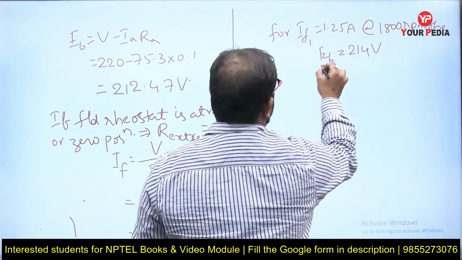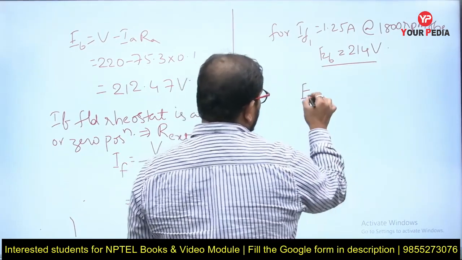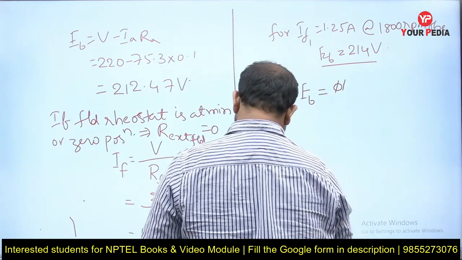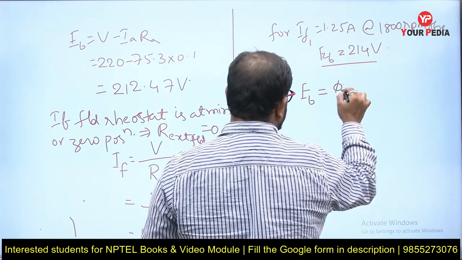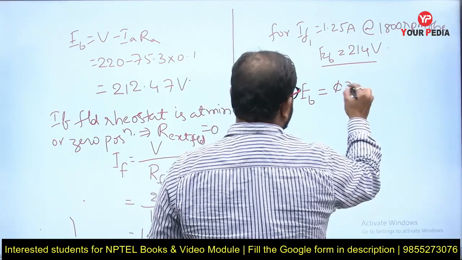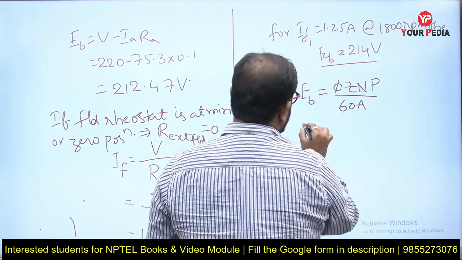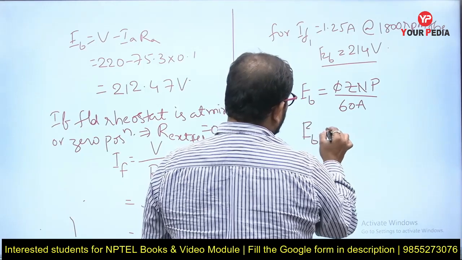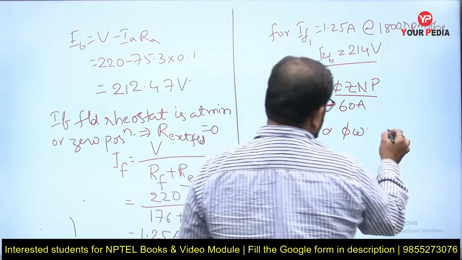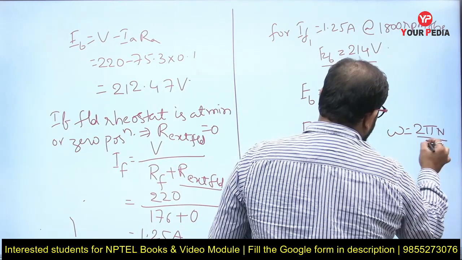Now based on this EB, what is the relation between EB, flux and speed? EB is equal to phi Z N P by 60A. So this can be rewritten as back EMF directly proportional to phi into omega, where omega is the angular speed, 2 pi N by 60.